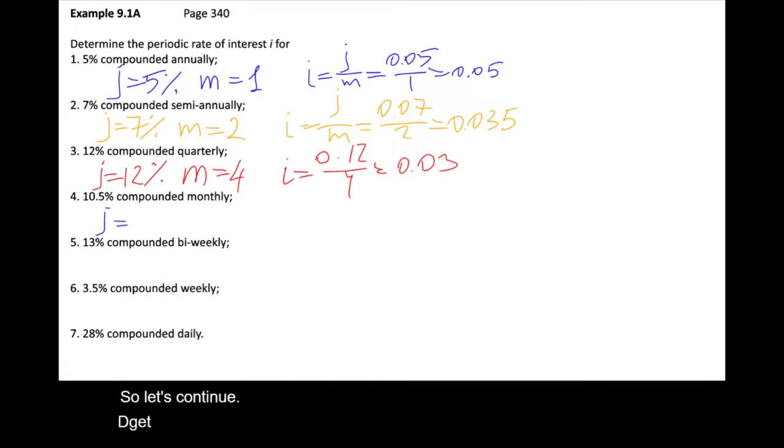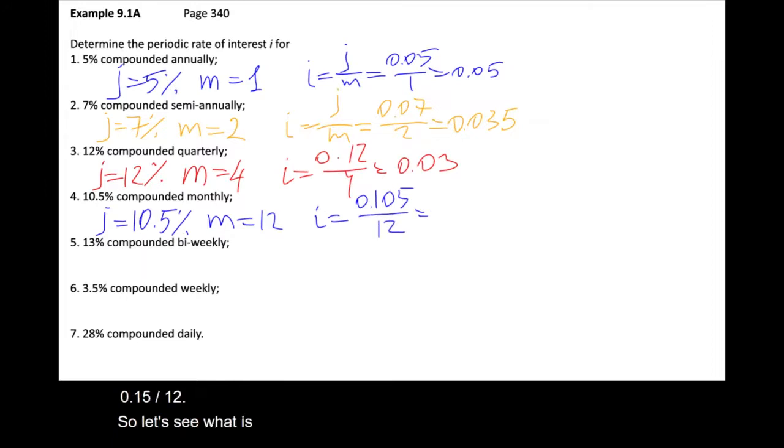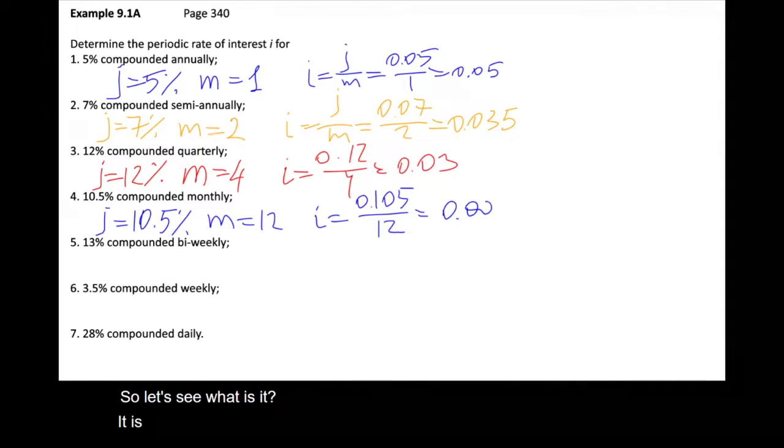J is 10.5%, compounded monthly, M is 12. So I is what? 0.105 over 12. So let's see, it is 0.00875.